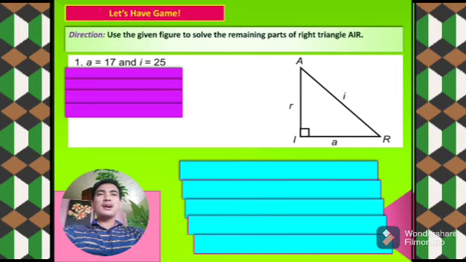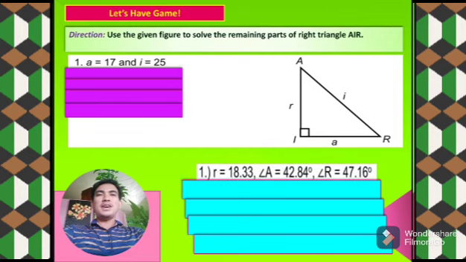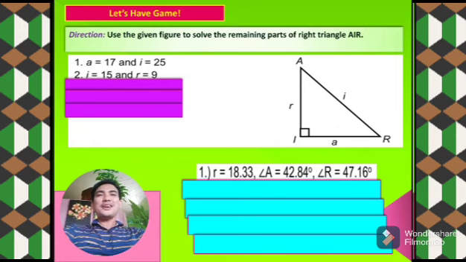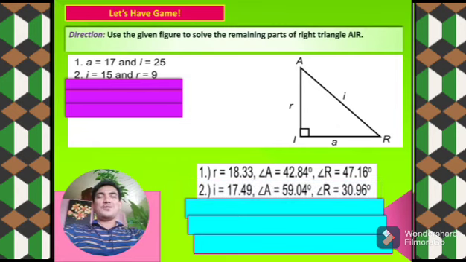The correct answer is on the screen. Let's proceed to problem number 2. I is equal to 15 and R is equal to 9. 5 seconds starts now. And the correct answer is on the screen.